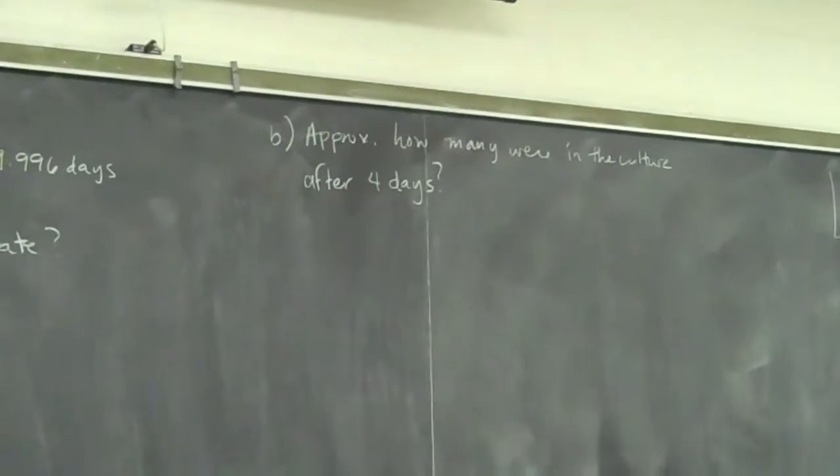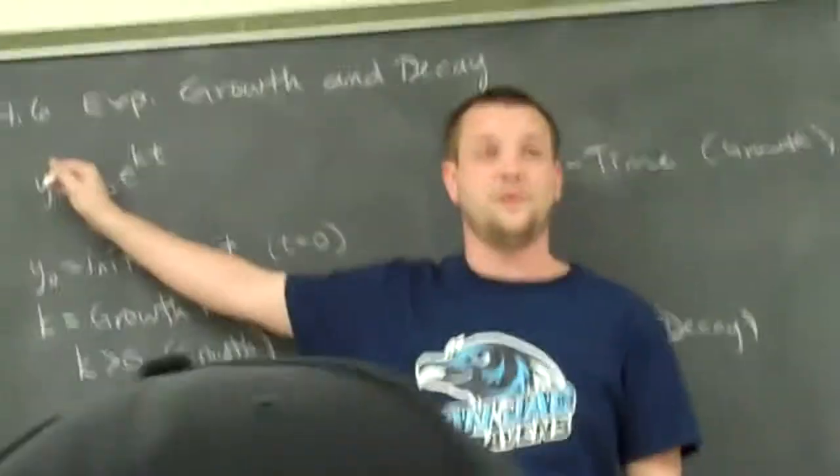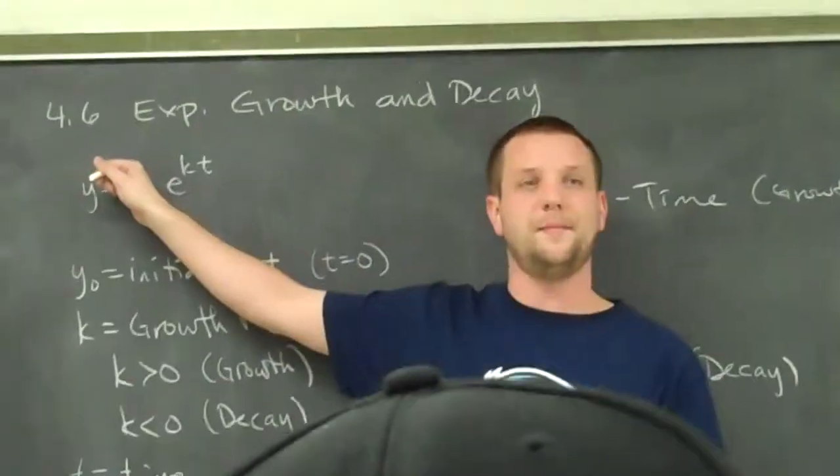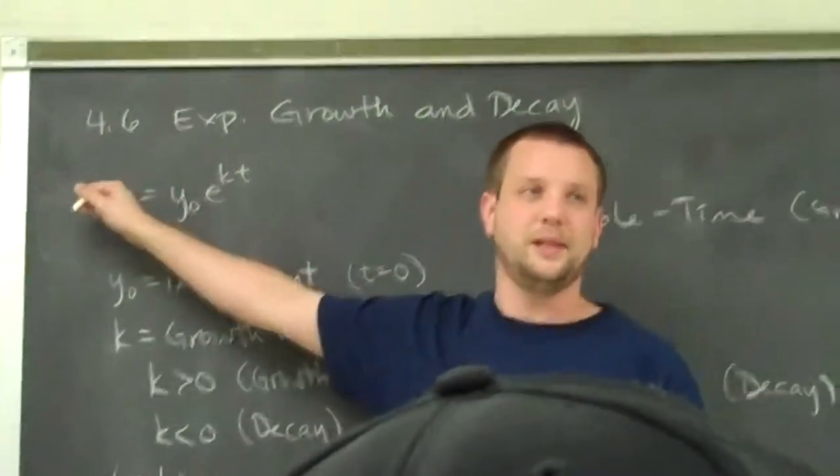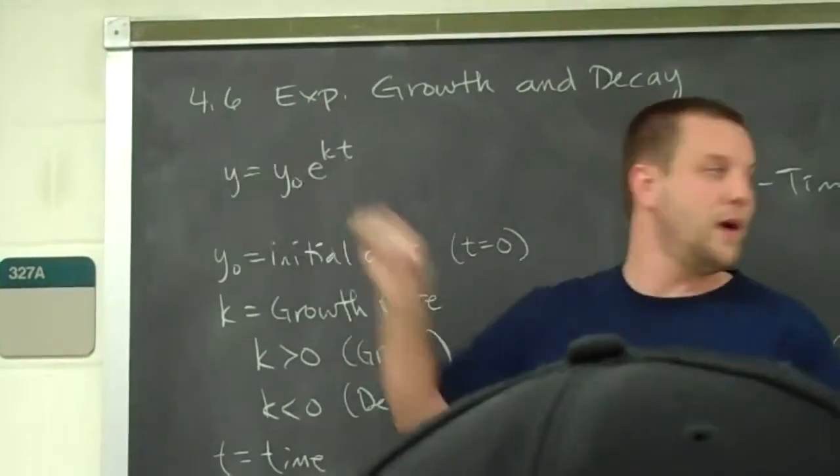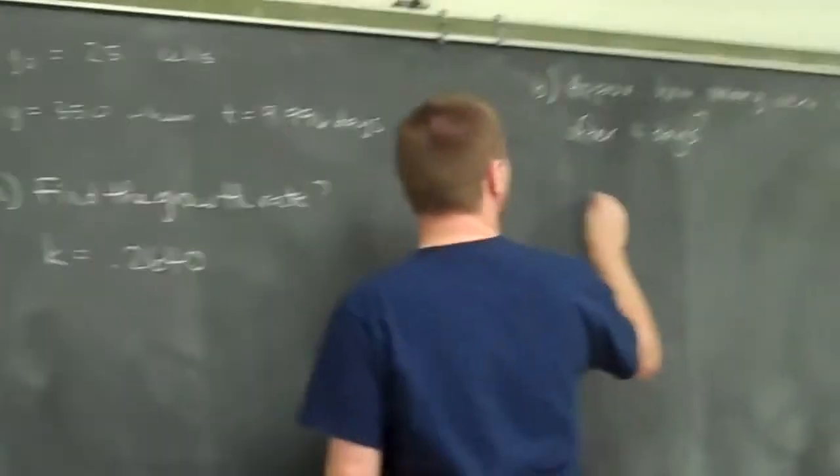Do I know the population after 4 days? That's what I'm looking for, right? This y, I was meaning to point to that. But we do know that y sub 0 is still 25.